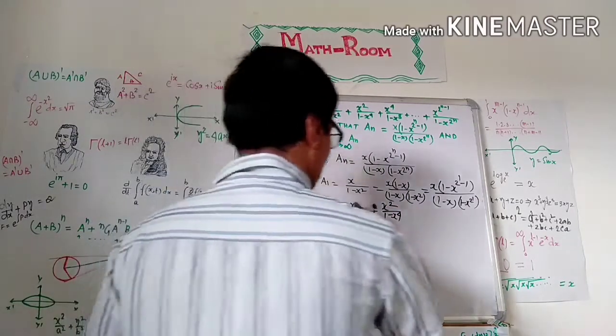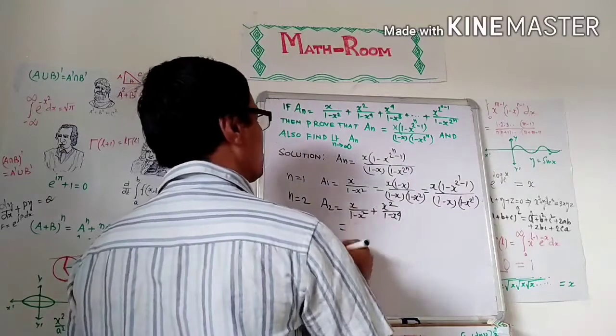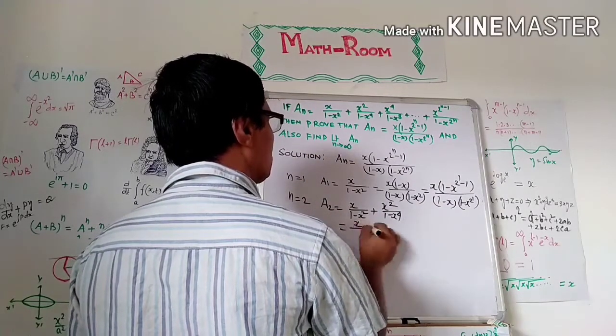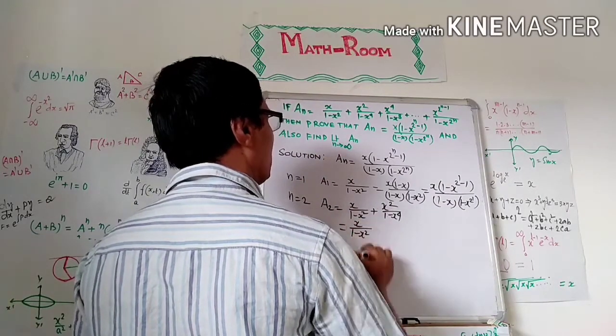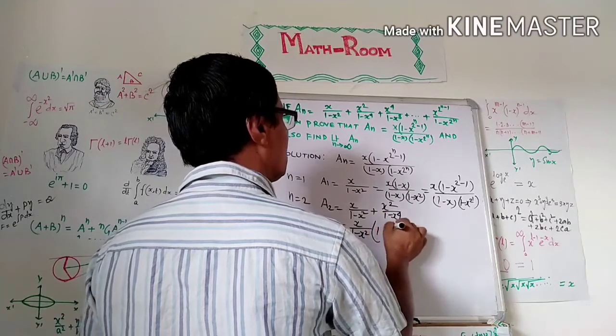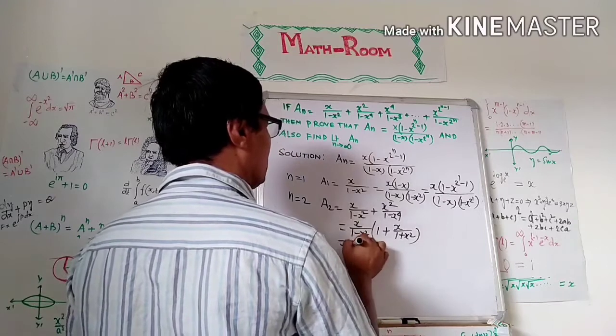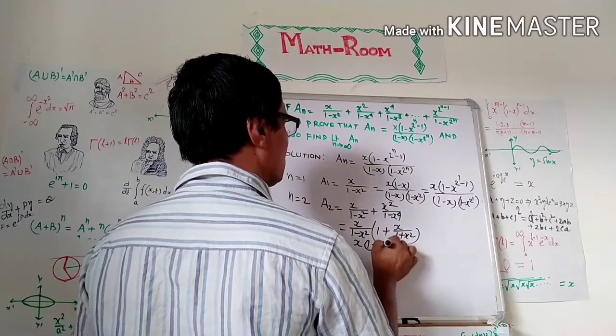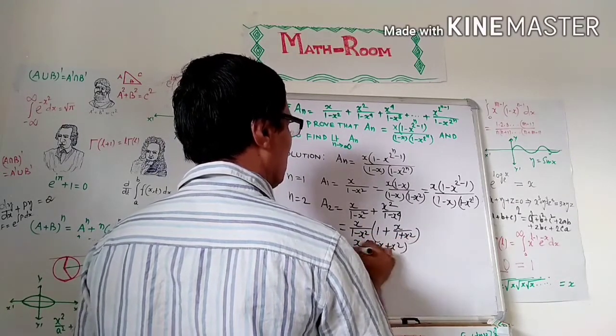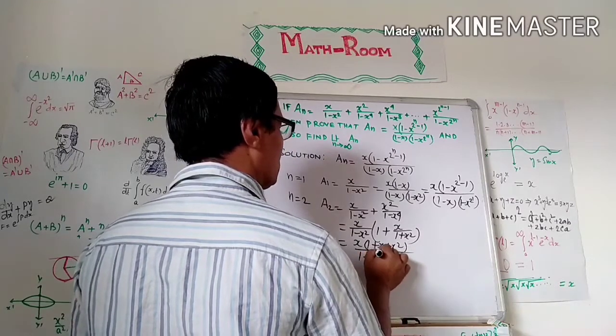If we factorize these expressions, we get x over 1 minus x squared into 1 plus x over 1 plus x squared, equal to x into 1 plus x squared over 1 minus x to the power 4.